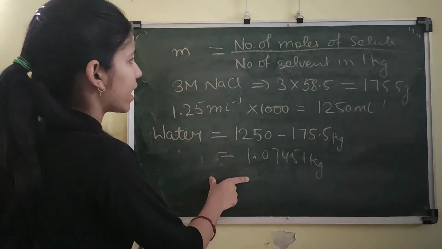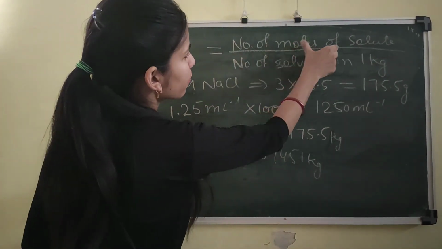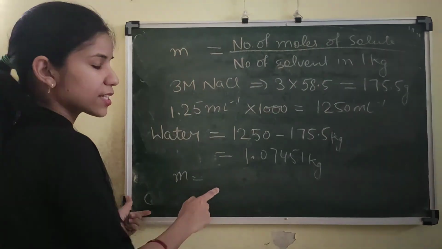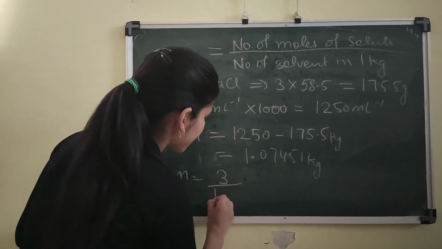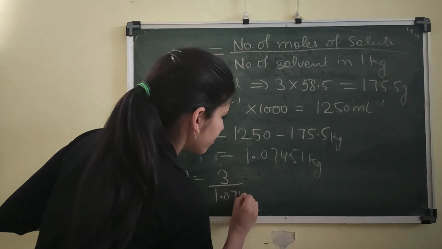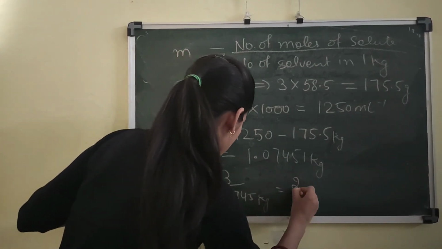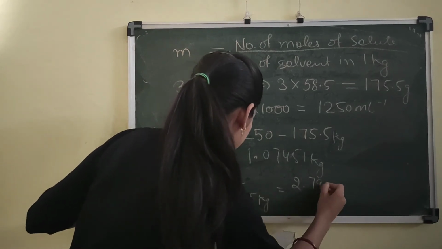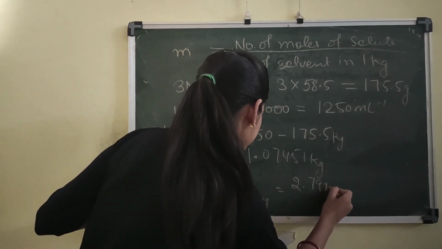Now we find the molality. So molality is equal to the number of moles of solute. The number of moles of solute is 3 divided by 1.0745 kg. So this is equal to 2.79 molality.